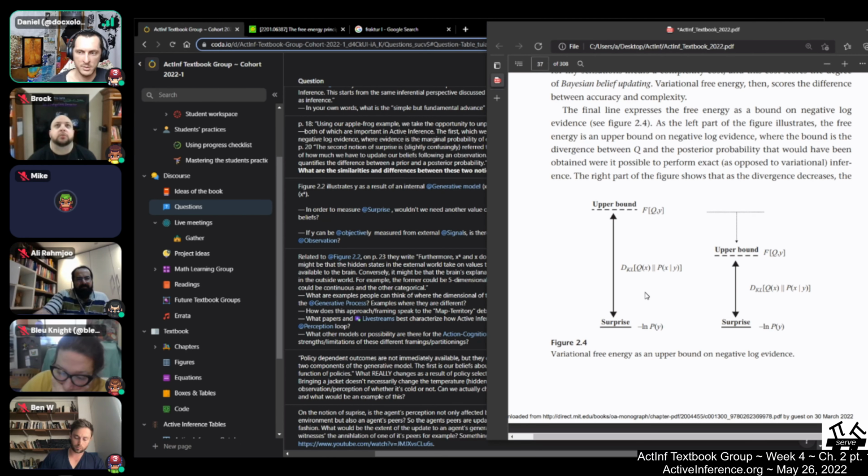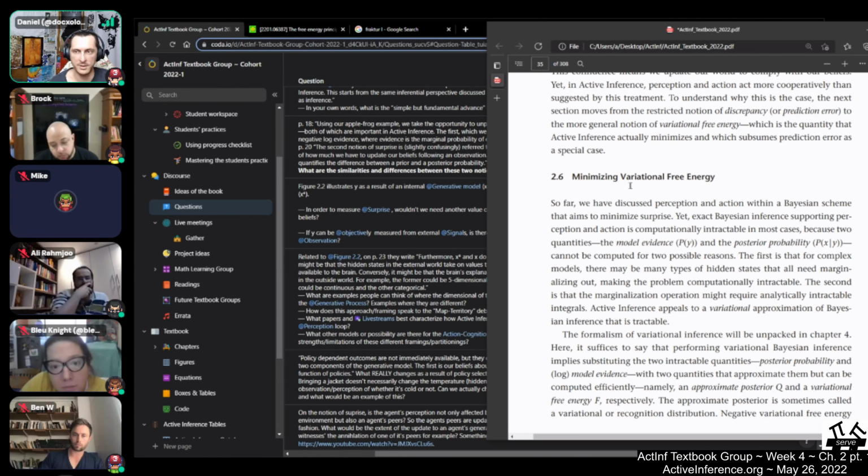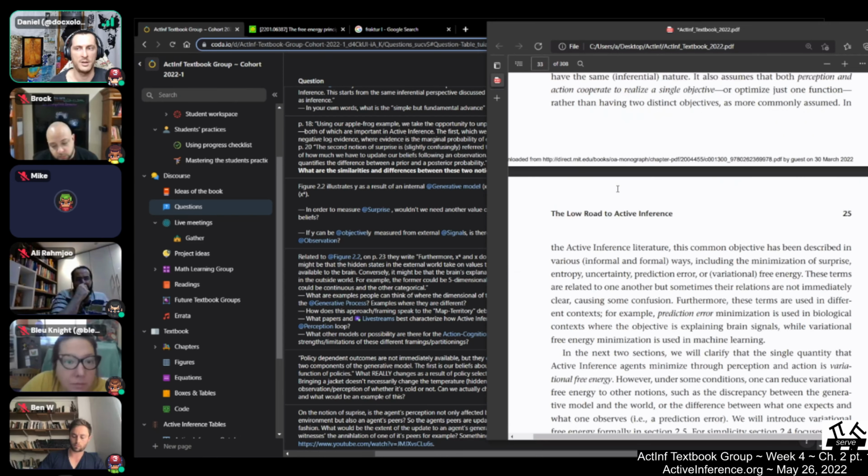Great question. This is something that we'll come to next week in our discussions on chapter 2. We have not even discussed variational free energy yet.